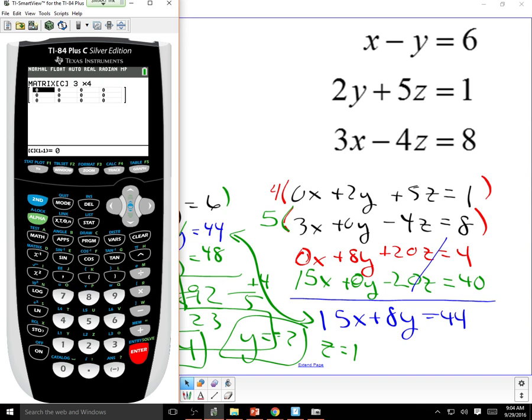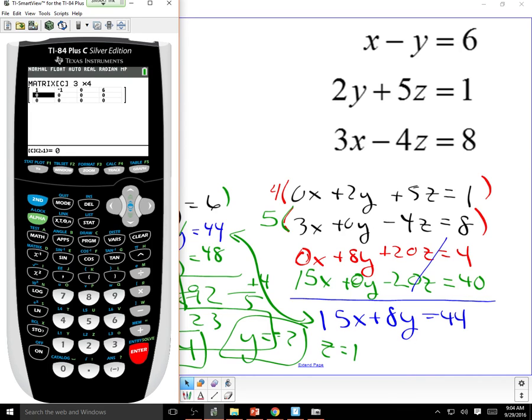Now the top one, I've got 1, -1, and what do I put in for 0? Sorry, Jordan, did you get the instructions how to get there? Yeah. Okay, good. I just said I was going to do this one slower. And then the answer should be 6. Hold on, I didn't put 0 in, did I? I didn't hit 0 enter. And then 6.